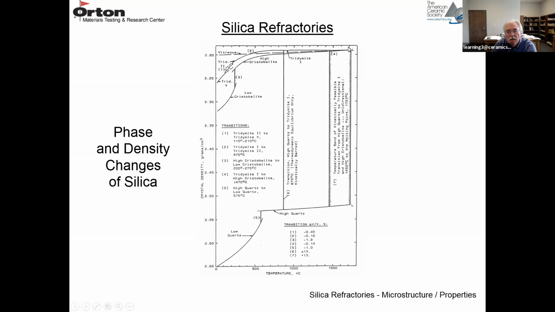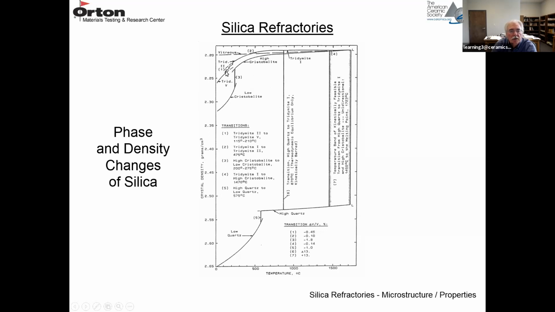So what happens at higher temperatures, in this band of temperatures, is your quartz goes to tridymite and cristobalite. And you go up here, you have that large volume increase, and now you go from a relatively high density to a low density material in this region. So now you either have tridymite or cristobalite, and then as you cool down, cristobalite goes through the transformation and becomes denser due to the volume decrease on cooling. And tridymite, again, becomes denser.